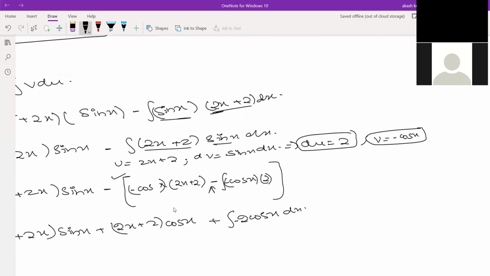Can you use the marker? Oh, I can. I think you're talking about this plus, right? Yes. This minus multiplied with this minus becomes plus here. So it becomes 2x plus 2 cos x. This minus becomes plus, and this minus is still there. So I wrote minus 2 cos x dx. Got you. Okay.